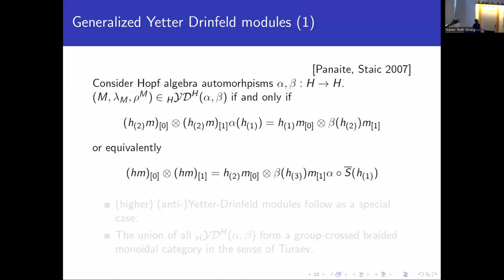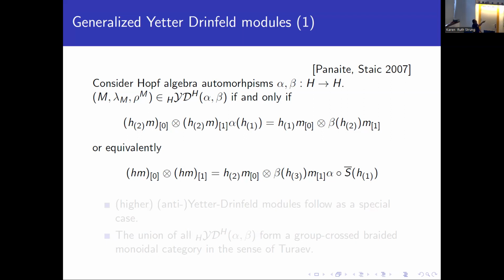So you can see that if alpha and beta are identity, then you will get the usual Yetter-Drinfeld module, or if we use beta to be S squared in this case, or alpha to be S squared in this case, then we will get the anti-Yetter-Drinfeld module.